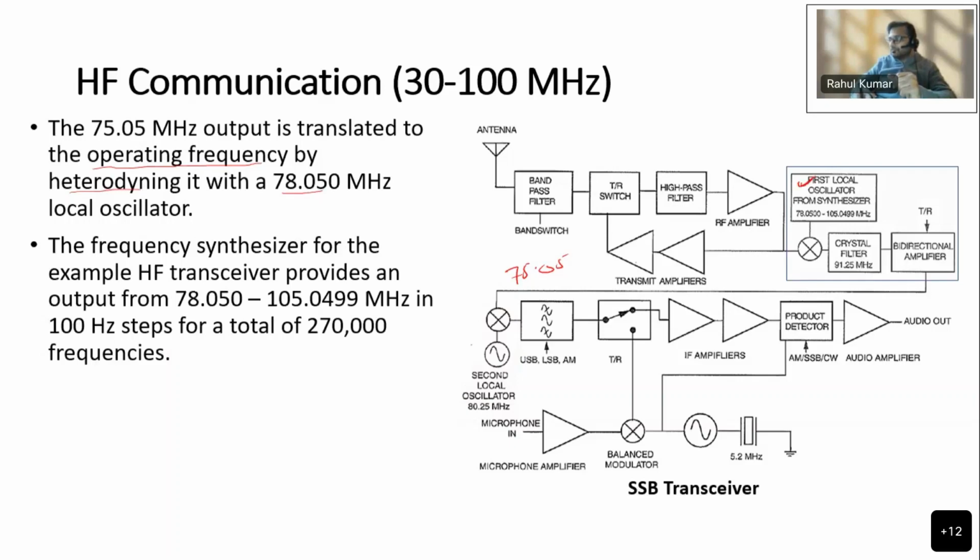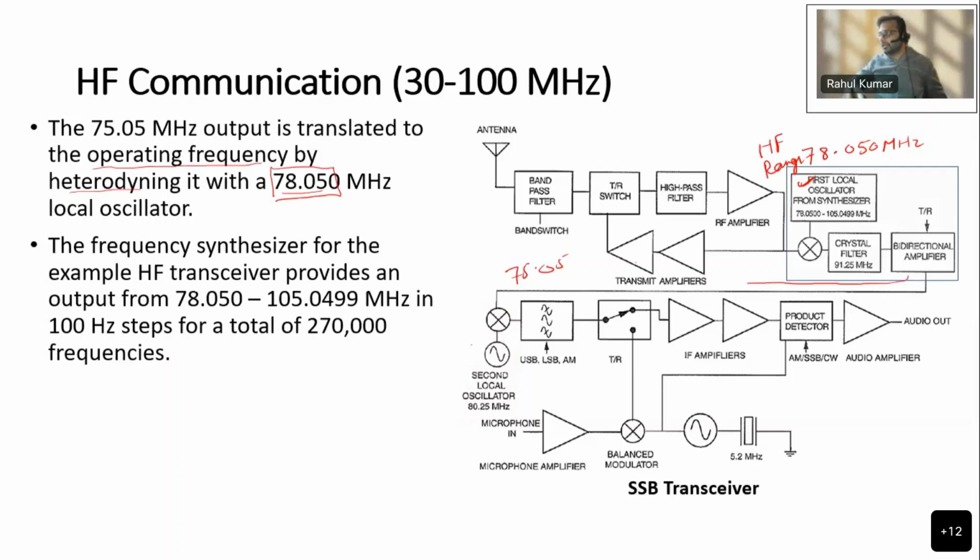This first local oscillator is 78.050 megahertz. After passing through all that, the signal is translated to a higher frequency, that is 78.05 megahertz. So now my signal is in the HF range.